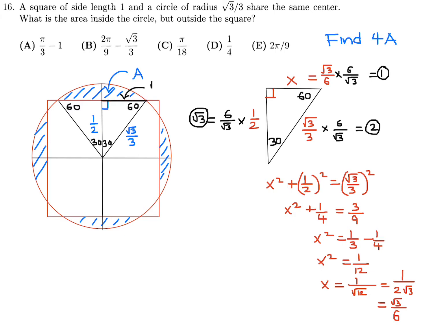So I'll just put that right there, root 3 over 6. All right. So now we can do this. A we can figure out as follows. A will basically be the pi segment right there, minus the triangle.